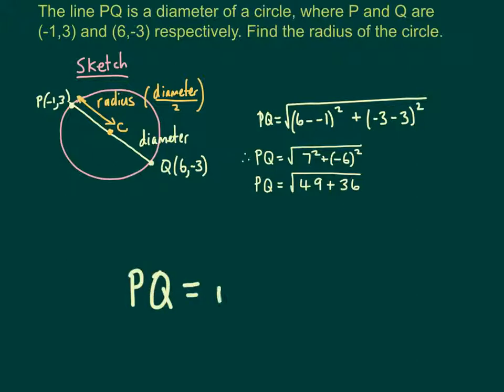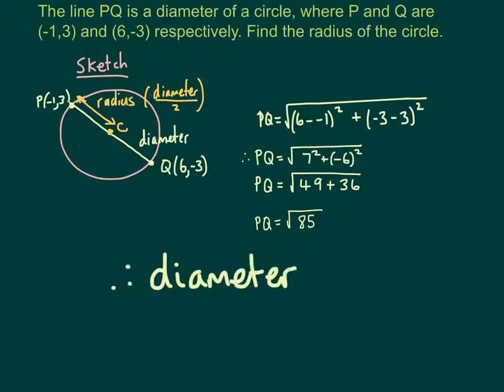Therefore PQ is the square root of 85, and therefore the diameter is root 85.